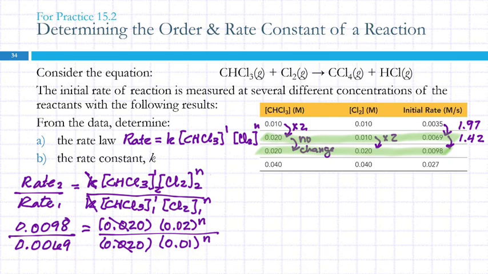So if we do the math there, we already did 0.098 divided by 0.069, that was 1.42. That's equal to 0.02 over 0.01, which is 2 to the n power. And then if I take the log of both sides, taking the log of something brings the exponent down.